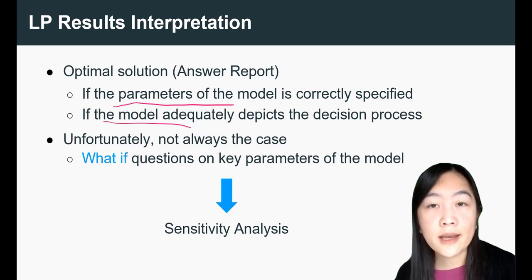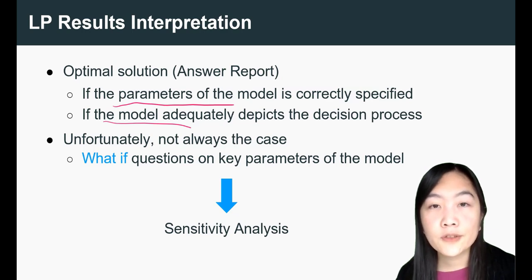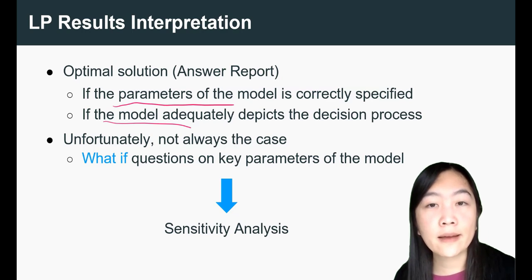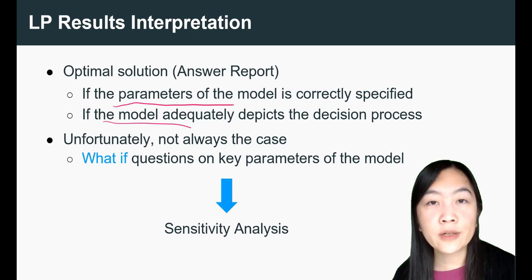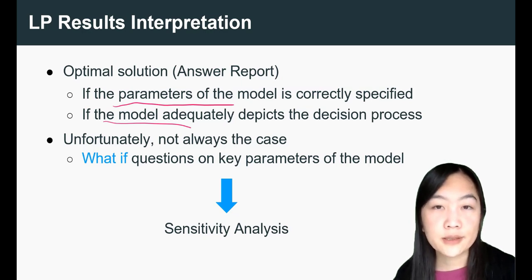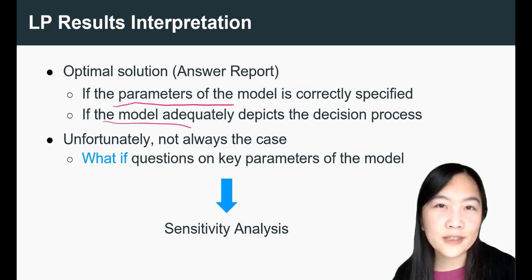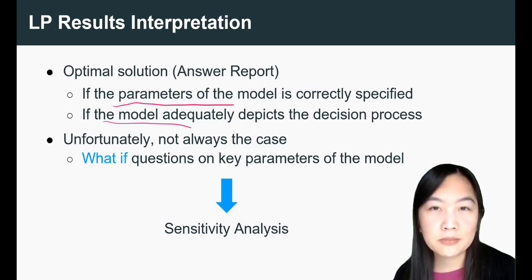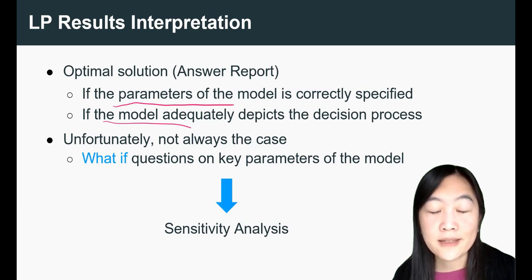However, it might not be the case that the producer wants to maximize the profit. So again, if the model is not capturing the decision process, then you have to be careful when interpreting your answer or your solutions. Unfortunately, we can't always model the decision process perfectly, or have all the parameters of the model specified correctly.